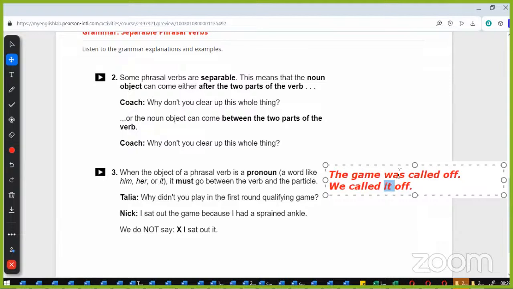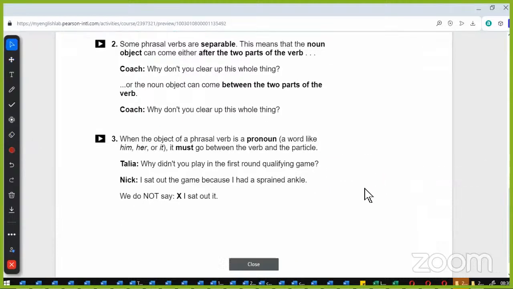The game was called off means that the game was canceled, and we called it off is the same, but here we're using a pronoun. That's why it goes in the middle. Okay, I don't know if you understand that part. Yes, teacher. Okay, let's move on then.